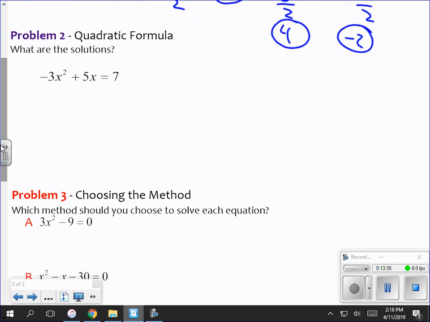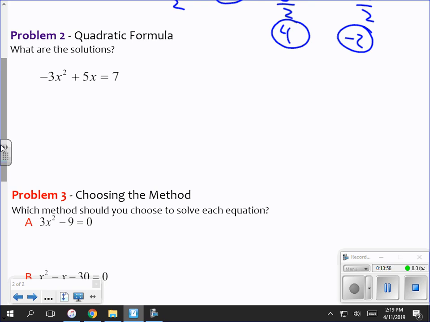Okay, problem number 2. What are the solutions? I have a problem, yes. A is 3x. Yes, but we have somewhere to go before we get to there. I have a problem though. In order to use the quadratic formula, it needs to be equal to 0. Is that one equal to 0?